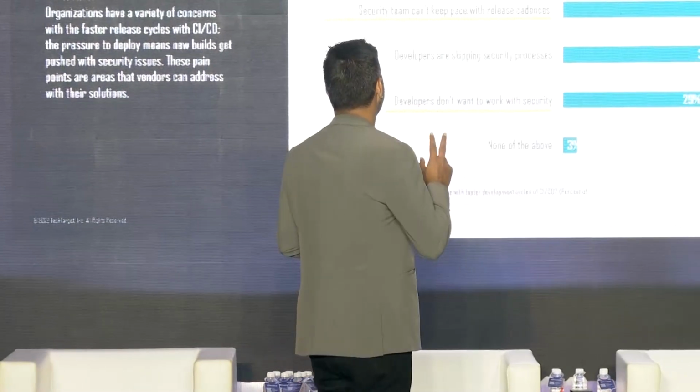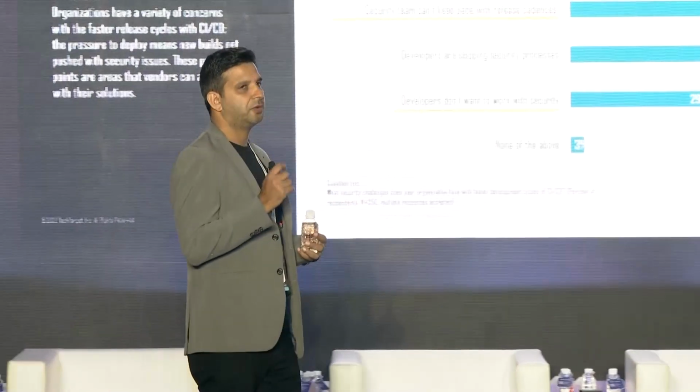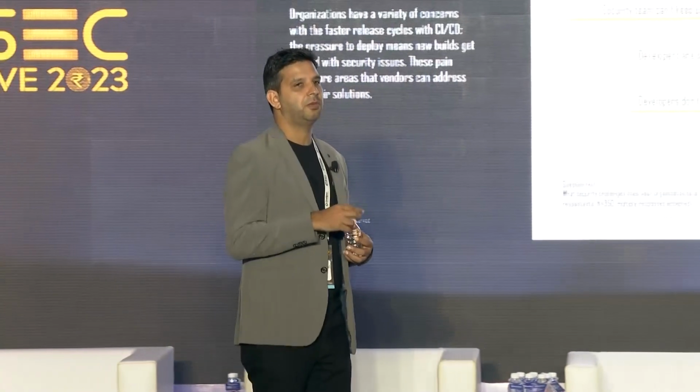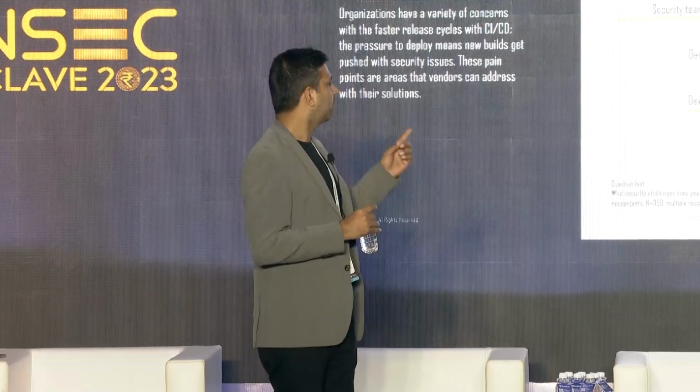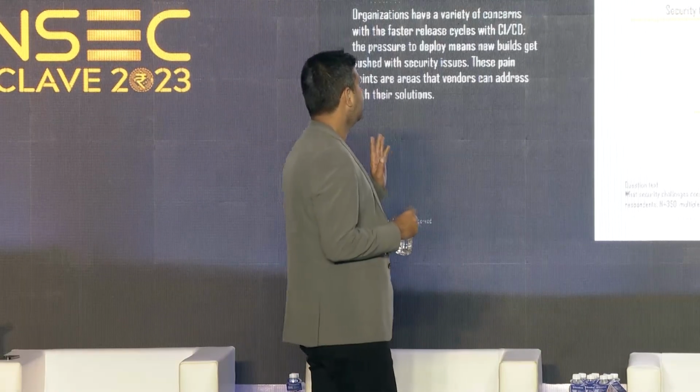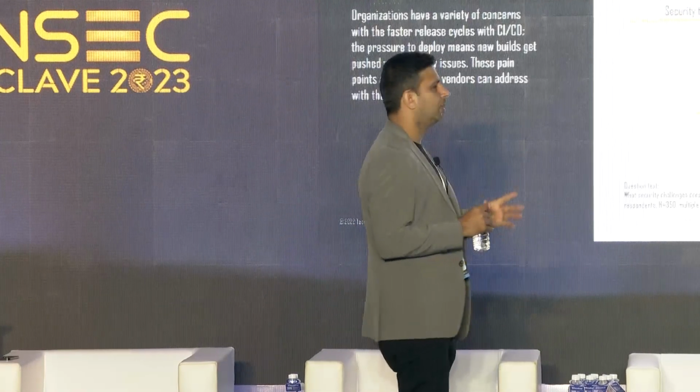So the information security team does not have any visibility into what infrastructure is actually being created on the internet and how these applications are being deployed. In 43% of the cases, the information security team has said, we do not have any visibility into what is happening in my cloud infrastructure. In 29% of the cases, we have seen developers do not like to work with security people.